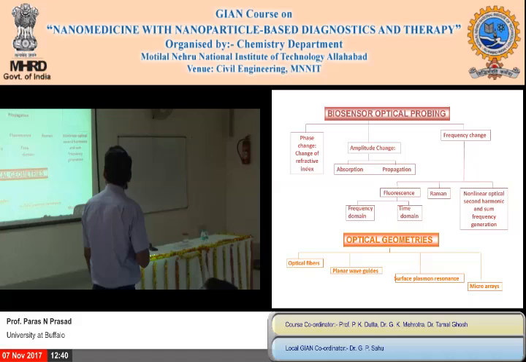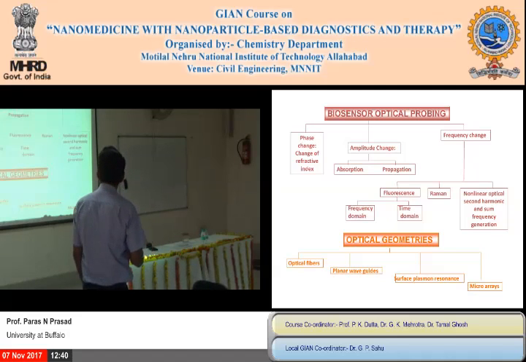That one is the wavelength, and that can shift by binding. The other one is a change in intensity or absorption characteristic, like we talked about in the oximeter, where absorption changes as it binds. Or attenuation, where the intensity changes.